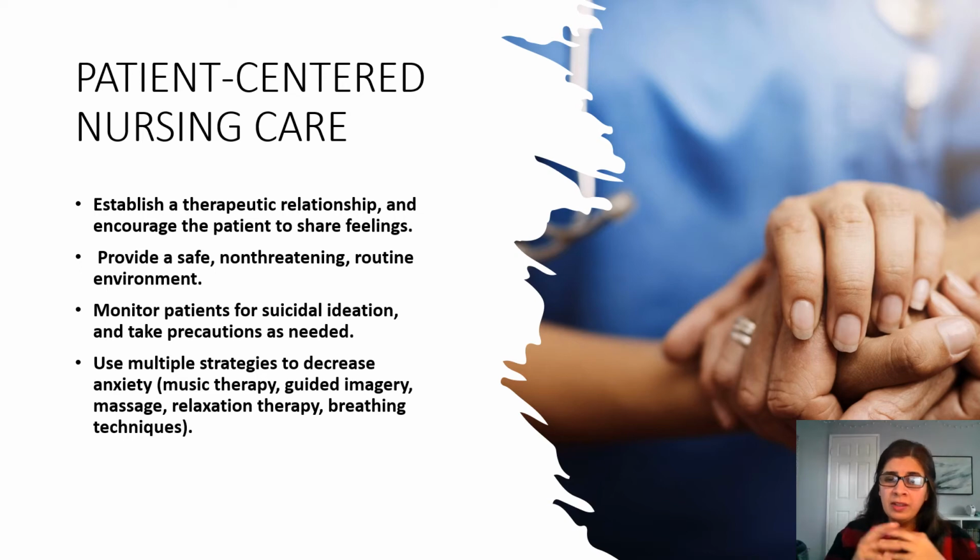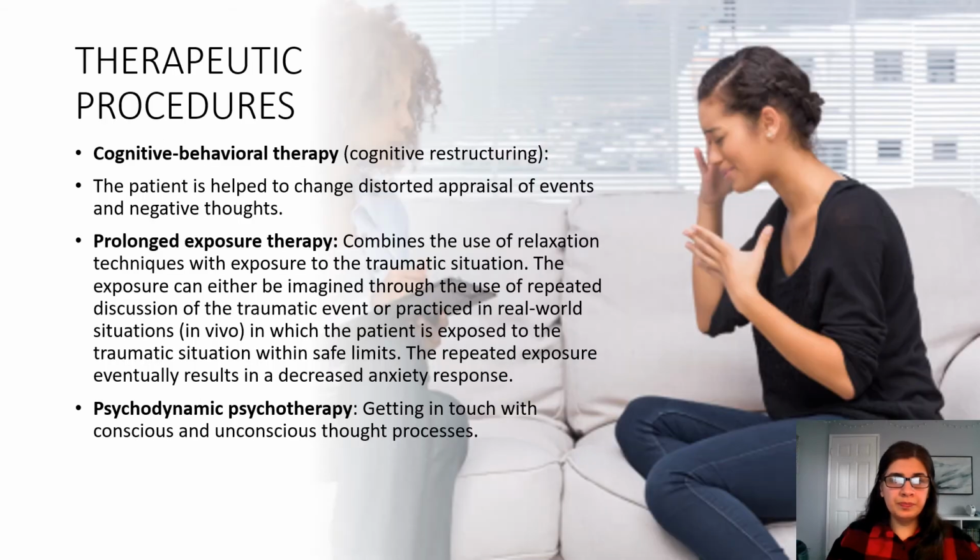So providing a therapeutic and safe environment can help minimize those triggers. Monitor these patients for suicidal ideation because they're at high risk. And use multiple strategies like music therapy, relaxation, guided imagery, or breathing techniques to help them relax.